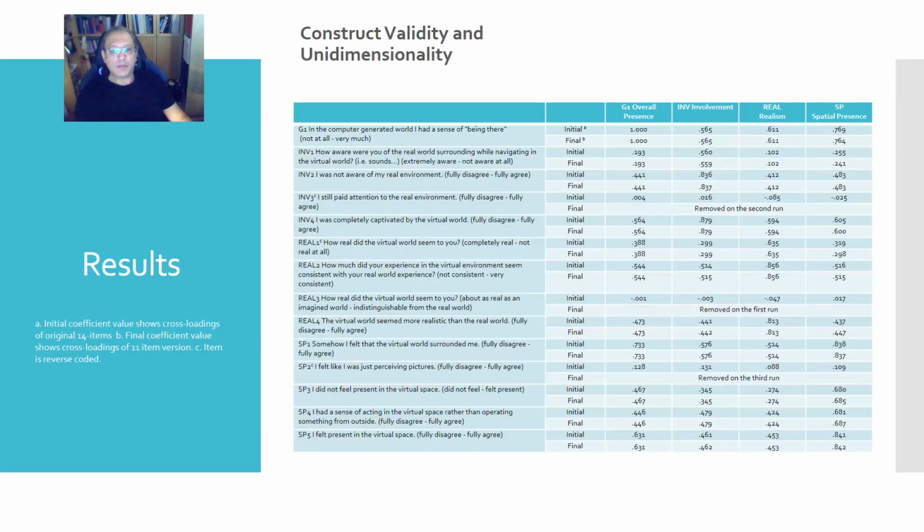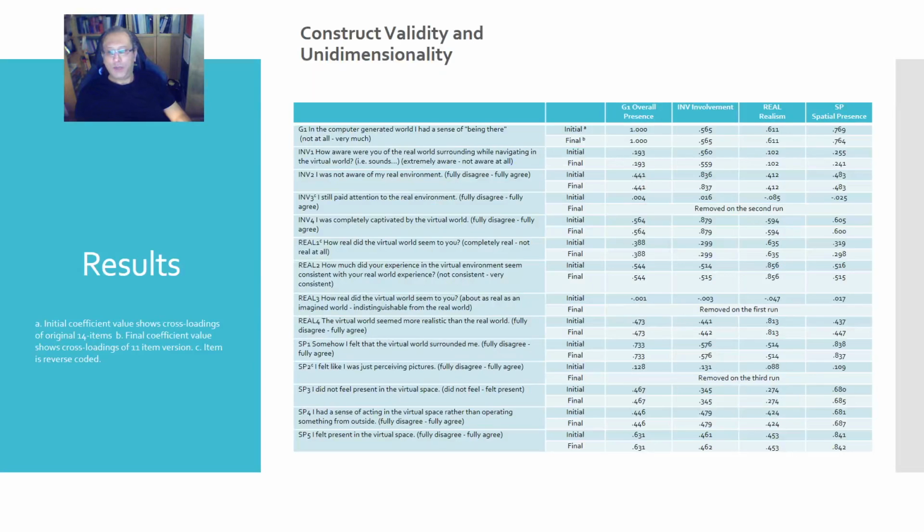We started with the realism 3 item, and then we continued with the involvement 3 and removed the spatial presence 2 items. As you see, if you check the table here, their loading on any of those dimensions is below 0.5.